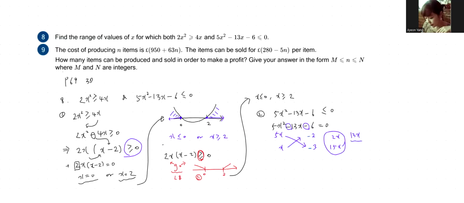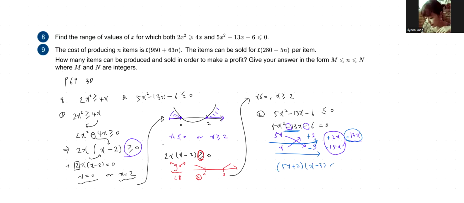Negative and positive, if you add them up, you can find minus 13x, which is the same as here. Then you should write down in this direction, horizontally. So open the bracket, 5x plus 2, close the bracket this way. And this one, x minus 3, which is less than or equal to 0.